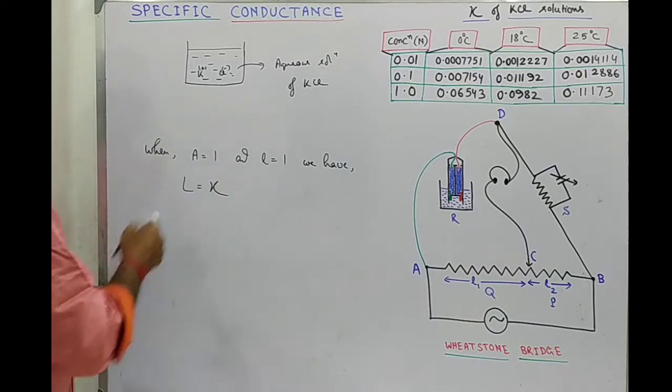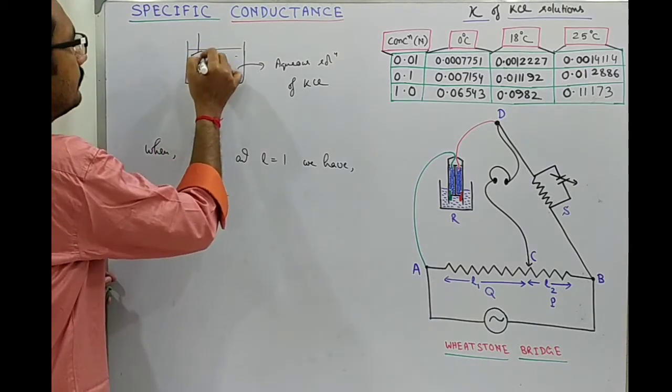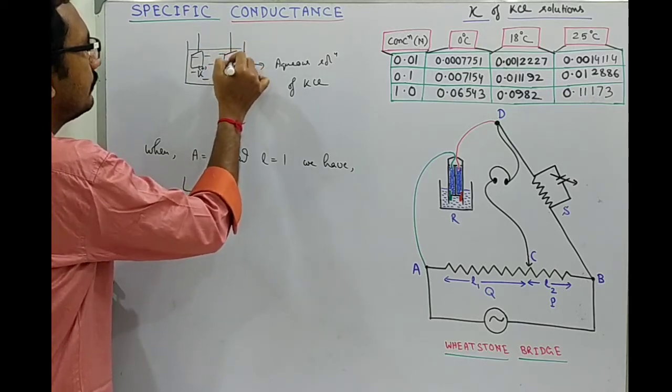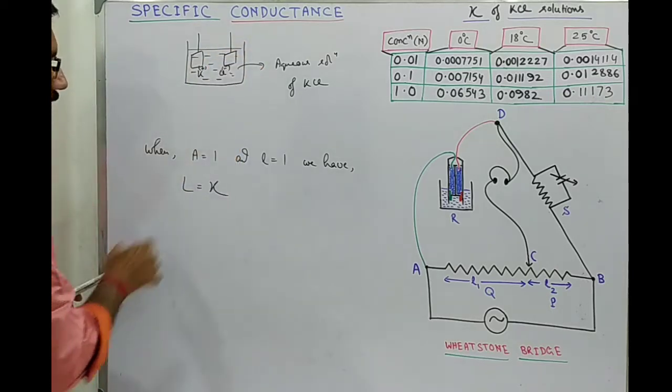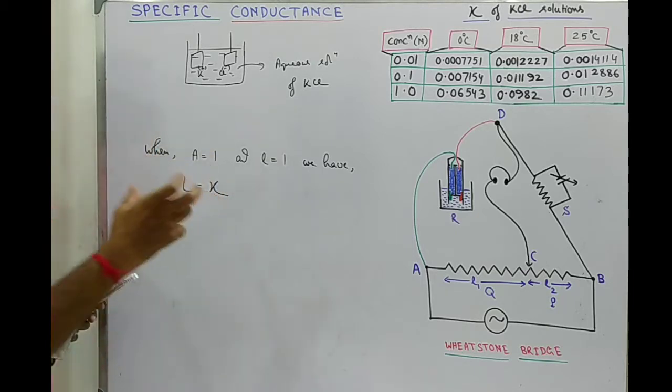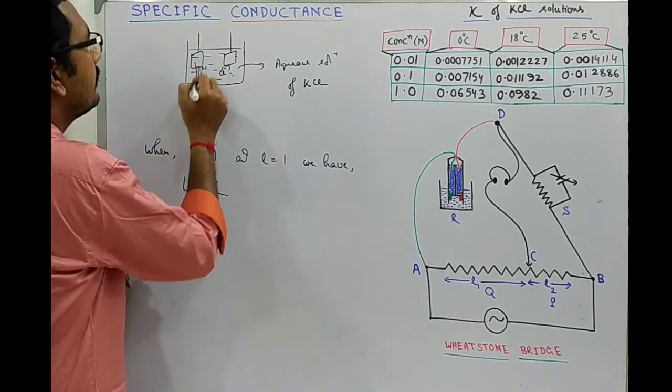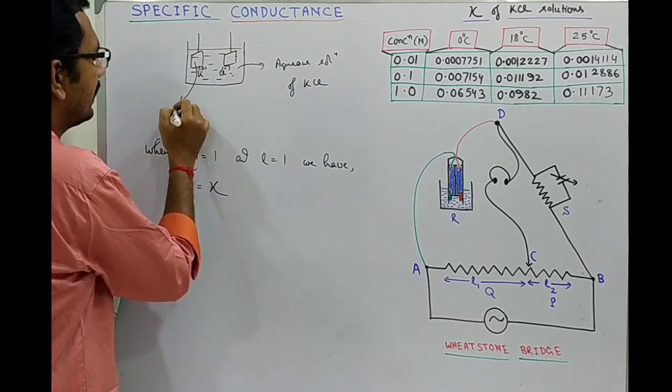Now you are putting two electrodes here. This cross sectional area A will mean, in this case, the surface area of the electrode.